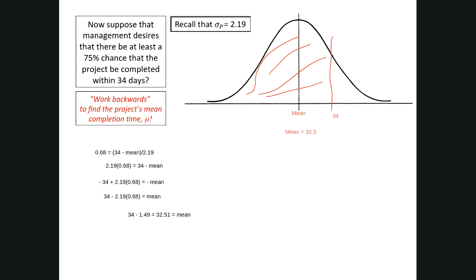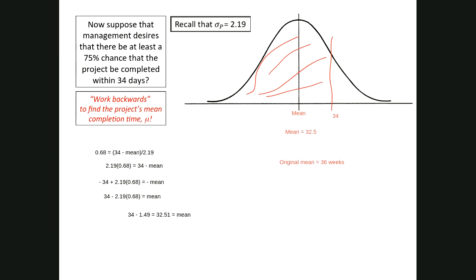So what does that mean in terms of our original problem? We know that the original mean for the project was how many weeks? 36 weeks. And now with this information, to have a 75% chance of completing within 34 weeks, our mean has to be 32.5 weeks.